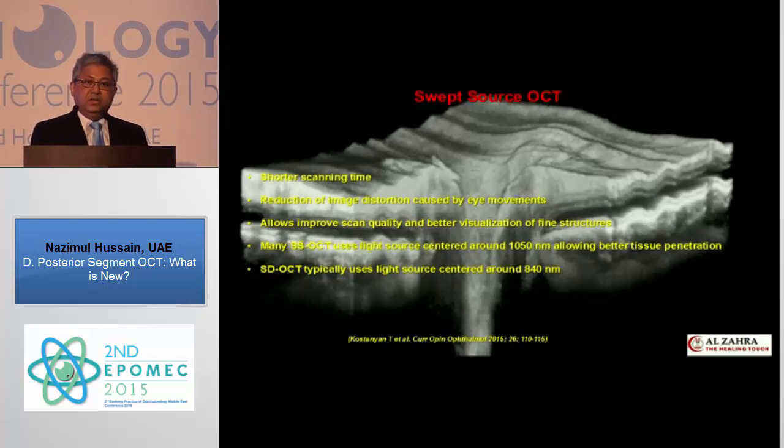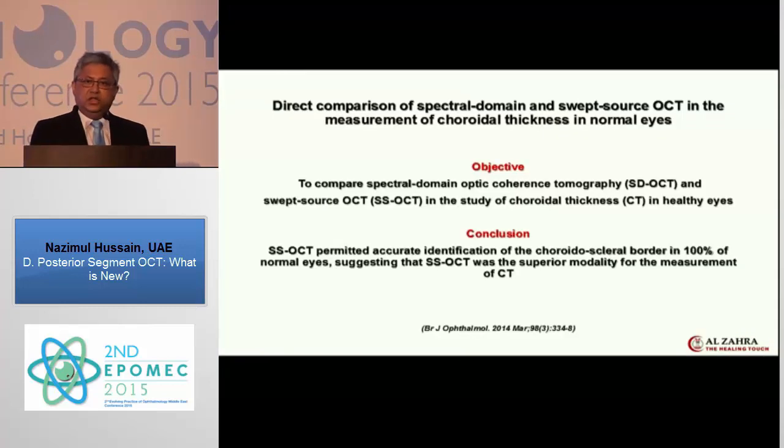Many swept sources use a light source at the level of 1050 nanometers, and spectral domain OCT primarily uses a spectrum up to 840 nanometers. However, if you use EDI with spectral domain OCT, you can have the same penetration as swept source. It has been shown recently that spectral domain OCT alone is not as good at depth penetration in identifying the sclera and the choriocapillaris as swept source OCT.